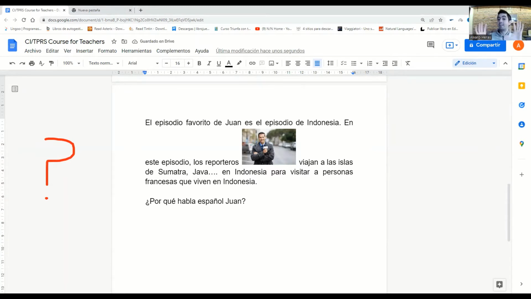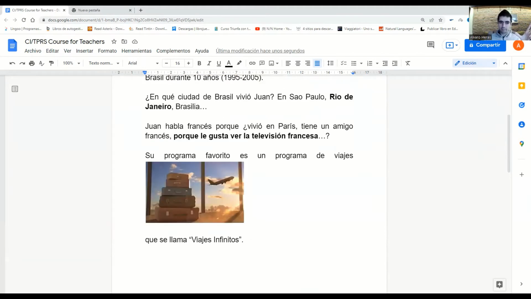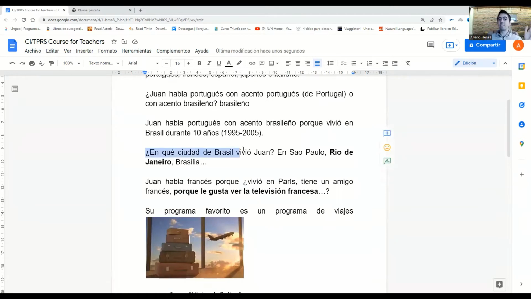Porque, and now, just one little thing. You see, this is sort of an open question, and I personally don't like to force output, especially at the beginning. When I ask you questions, especially at the beginning, most times they're going to be questions like, ¿en qué ciudad de Brasil vivió Juan? And I'll give you options like Sao Paulo, Rio, Brasilia.